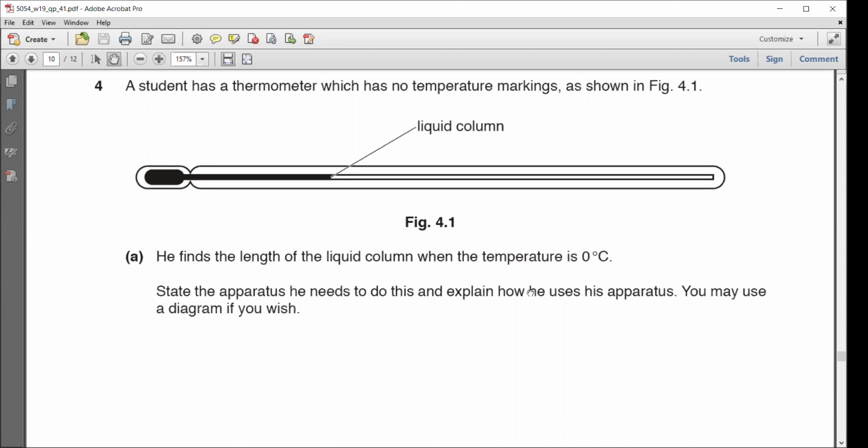And you can't say only ice. You say melting ice. Why melting ice? If it is ice only, then it can be even less than 0 degrees Celsius. Maybe it is -2, -5. It could be, right? But when it is melting ice, it's surely 0 degrees Celsius.